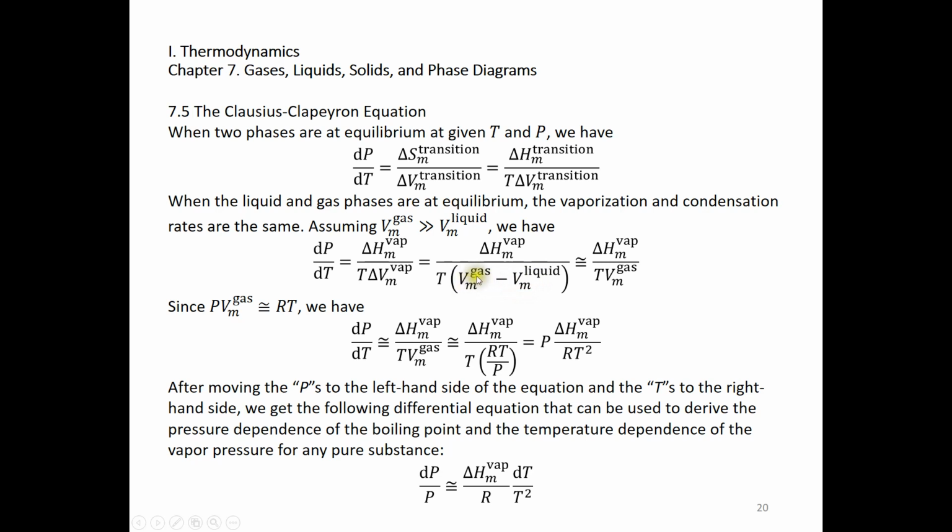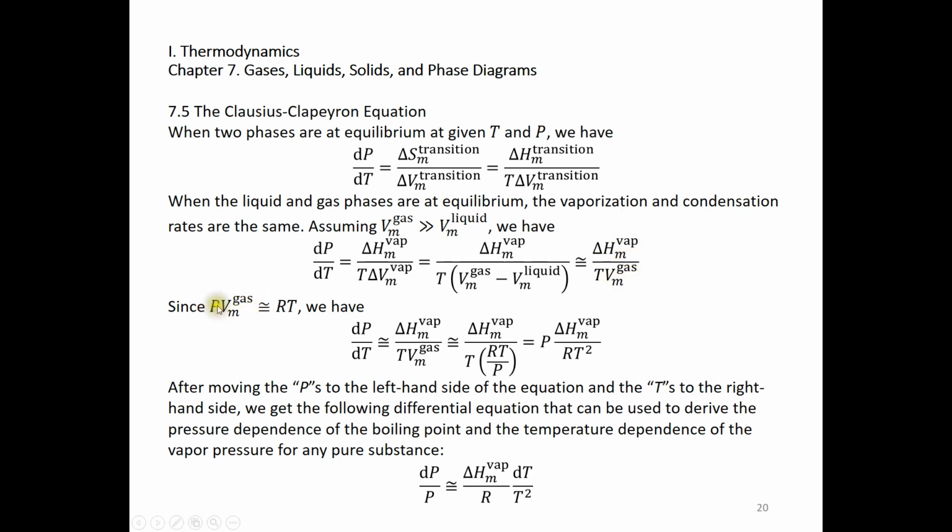Now, the molar volume of the gas phase is usually 1,000 times larger than the molar volume of the corresponding liquid phase. So we can neglect this part. The molar volume of liquid can be neglected. And then we have approximation sign here. It's delta H for the vaporization over T times V of the gas phase.